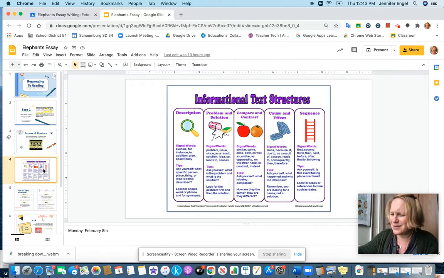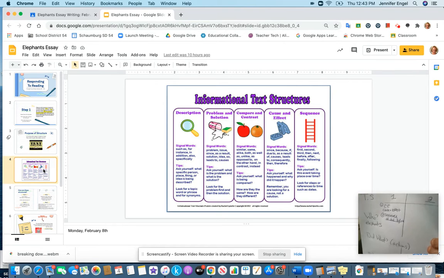And we're not talking about those sparkly things on girls' clothing, right? We're talking about an order of things. First, second, third, etc. Okay? So it actually had two text structures. It had that cause and effect, and it had a sequence.